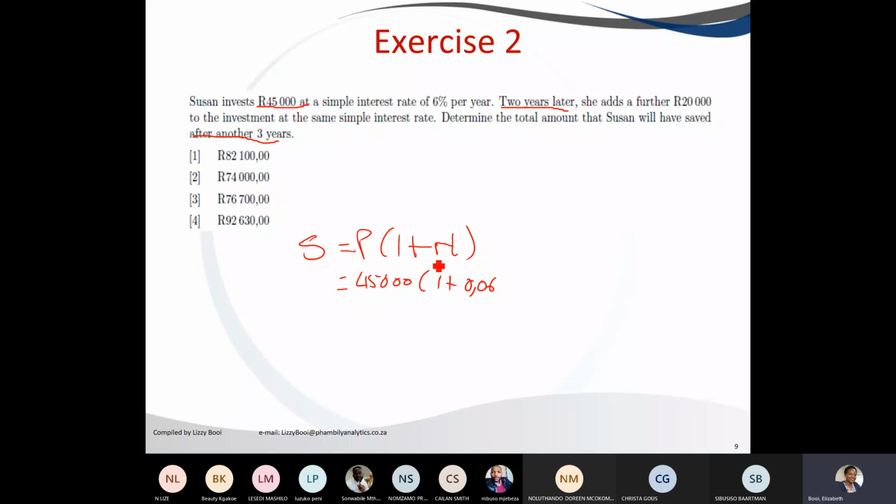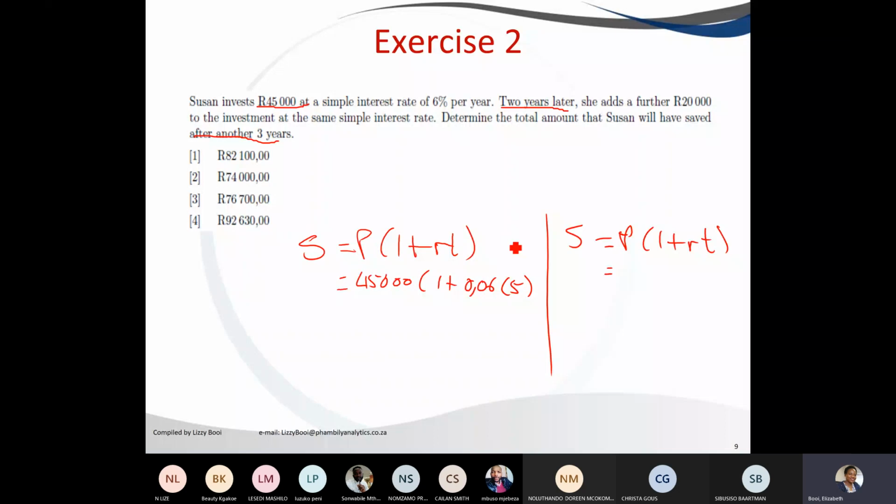That's the first one. The second one, you will calculate the future value where the principal amount is 20,000, because she's putting 20,000. 1 plus the rate, they say it's the same rate, so it will be 0.06.